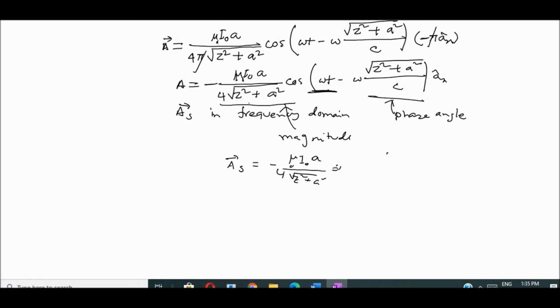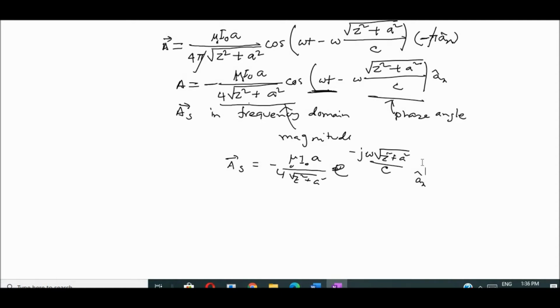I write it in exponential form, so it will be e to the power negative j omega square root of z square plus a square over c, and the direction is ax. So this is the frequency domain expression for As.